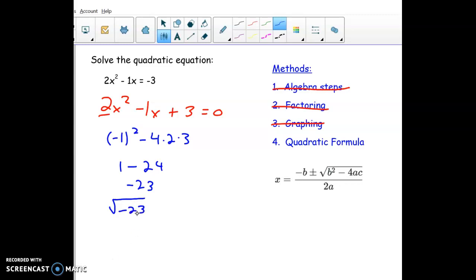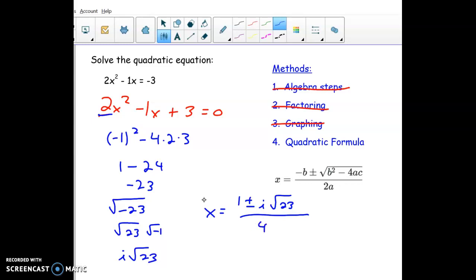There's no perfect squares for 23, but certainly we can pull off the negative part, and so that'll become i root 23. To finish the formula, our two answers are the opposite of b, so 1 plus or minus i root 23 all over 2 times a. And a is 2, so 2 times 2 is 4. And that's it. Two imaginary answers to that equation. That was kind of a tough one. The one thing that worked there was the quad formula.